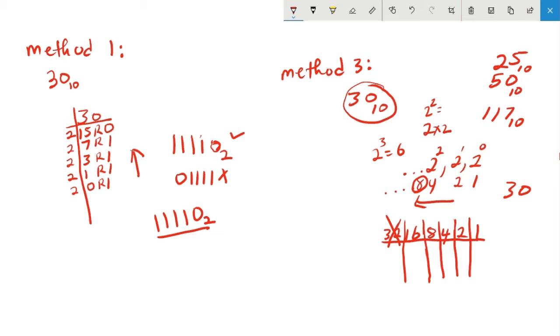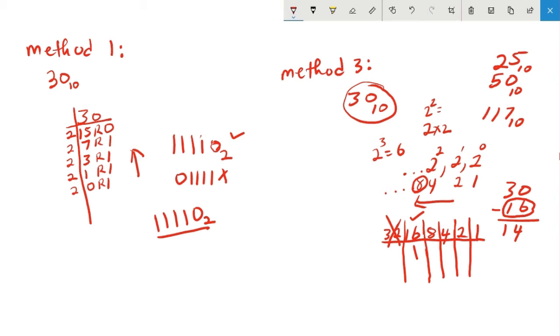So I say 30 minus 16, and the answer I'm left with is supposed to be 14. Okay? Now whenever you subtract a number, you're supposed to place a 1 underneath it, or place a 1 in that column. So because I subtracted 16, I now have to place the digit 1 in that column.